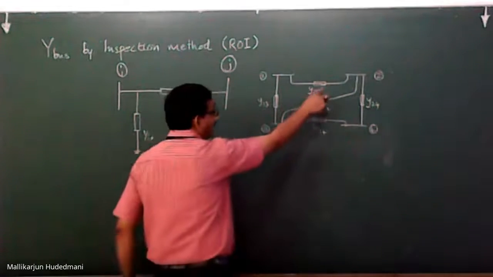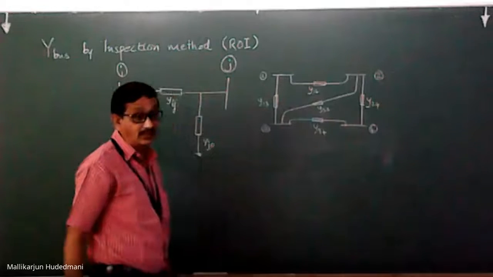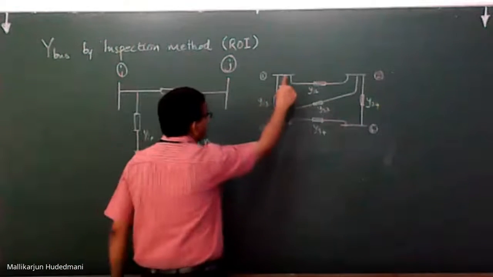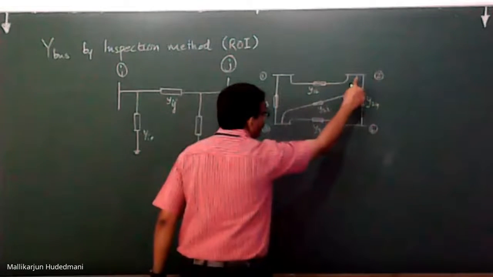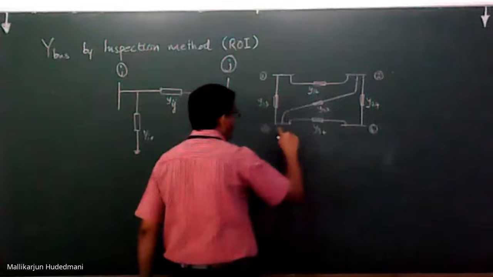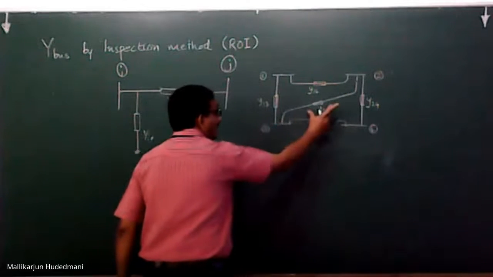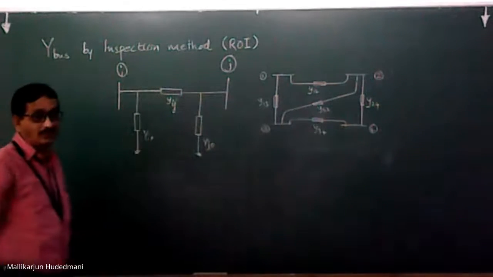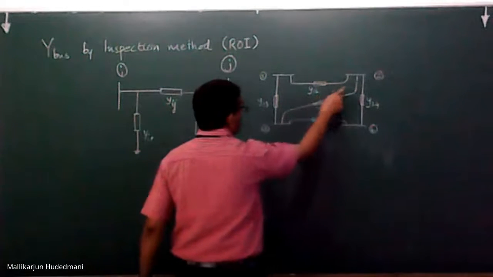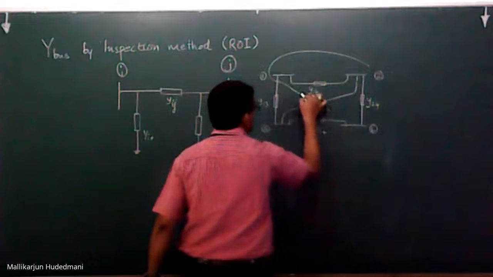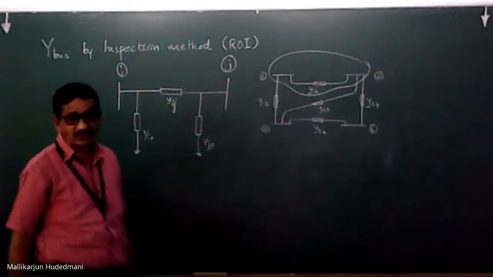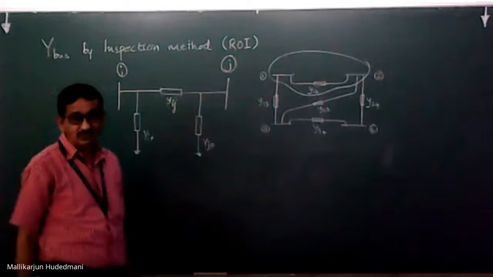Suppose I visualize this as a medium transmission line, how would I view it? I would view each element between bus 1 and 2, bus 2 and 4, 4 and 3, 1 and 3, 2 and 3 in this way. Let us take this case, 1, 2, Y12. If I view only this section as a medium transmission line, how would I represent it?